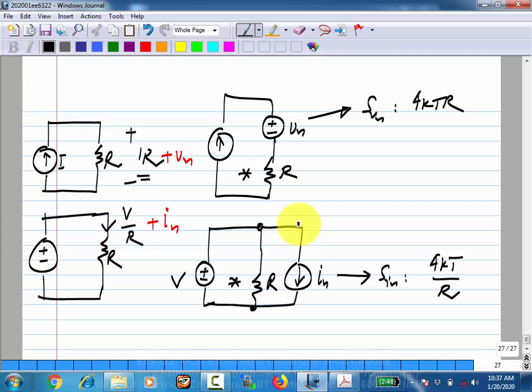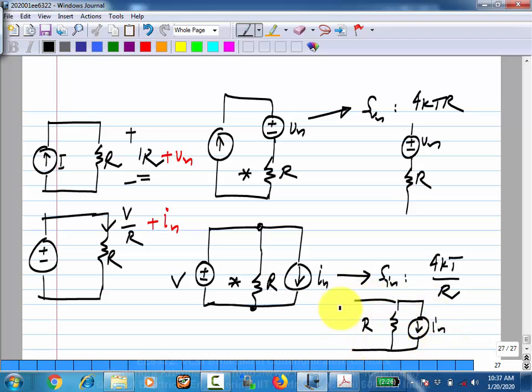And you are already familiar with this type of equivalence. Forget that it had anything to do with noise: you have Vn and R, and you have In and R. At these terminals, these are equivalent to each other.